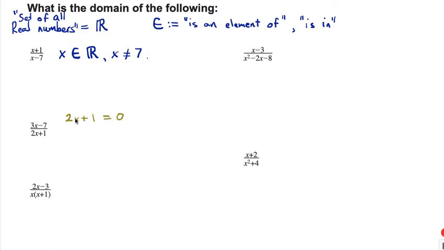We subtract 1 from both sides, and that gives us 2x equals -1. Divide by 2 on both sides, and that gives us x equals -1/2. So what would make the denominator equal to 0 is if x is equal to -1/2.